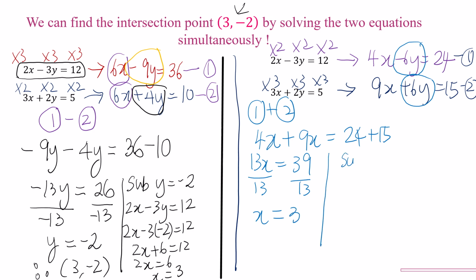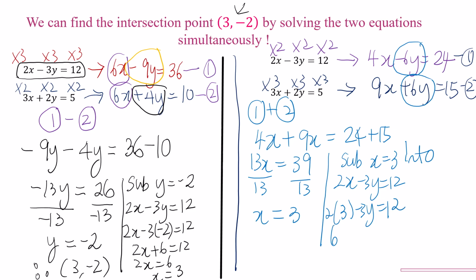Similarly, I still have to find the y coordinate. So I'm going to substitute x equals 3 into the original equation, which is 2x minus 3y equals 12. So that will give me 6 minus 3y equals 12.